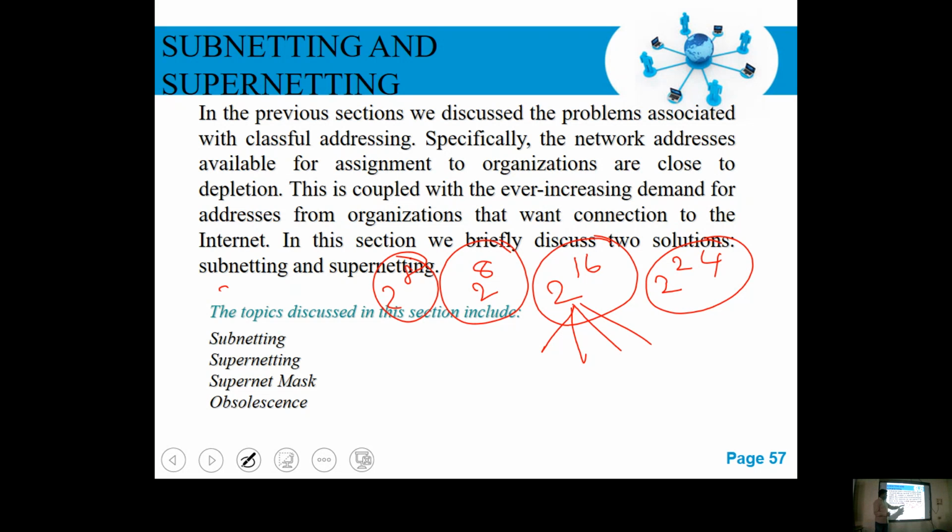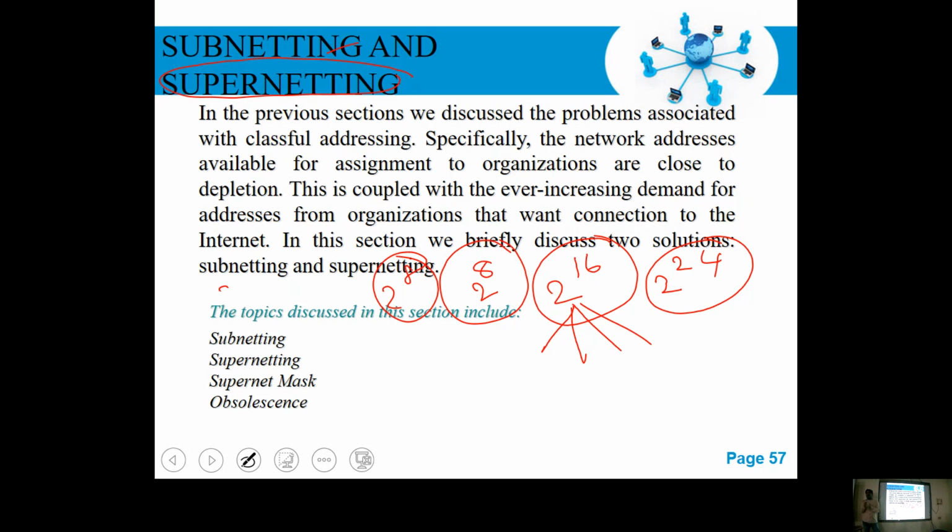So one thing is I can combine these IP addresses. The other is to divide the available IP addresses into different groups. When I combine, we call that supernetting. When I divide the available IP addresses into different blocks, I call it subnetting.